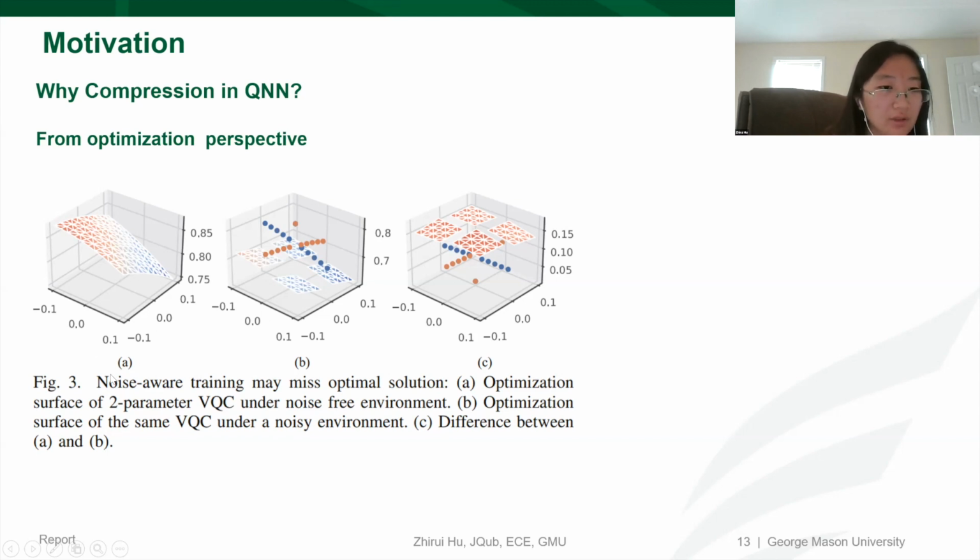I subtract the first surface, and the third figure is the difference of the first one and the second one. We can see that if we remove the two gates, the error is minimized.